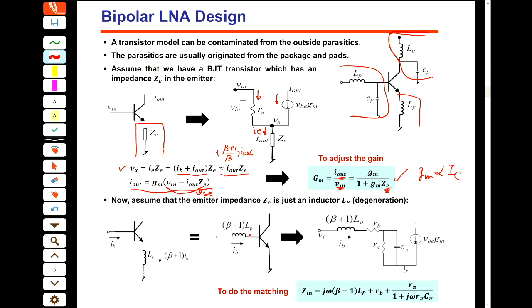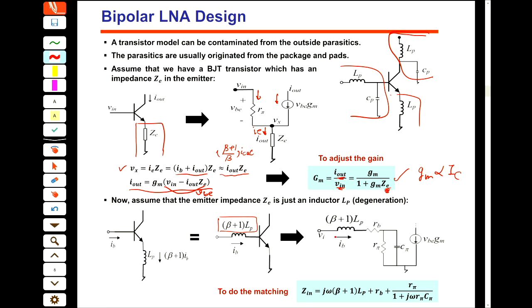Then if I want to move it into the base, I can replace it by another inductor whose value is beta plus 1 multiplied by LE. The same thing applies when we have something in the base of a transistor and we want to see its effect in the emitter: you need to divide it by beta plus 1.